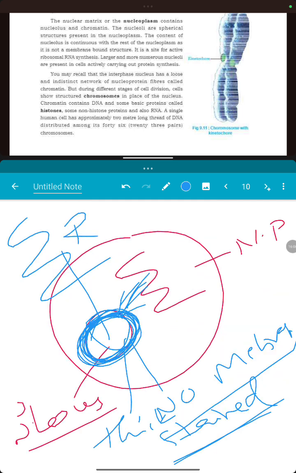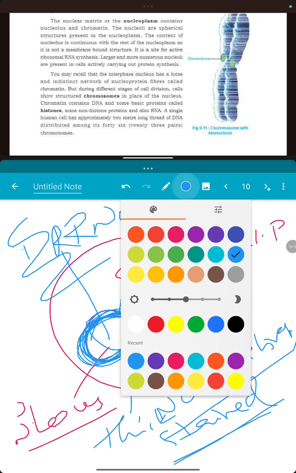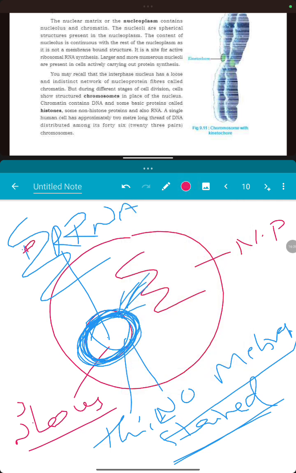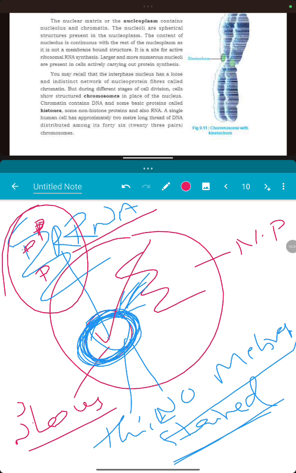This ribosomal RNA was manufactured and modified here, and some of the proteins will bind to ribosomal RNA to fit it into a design. So ribosomal RNA and proteins will be present inside the nucleolus.